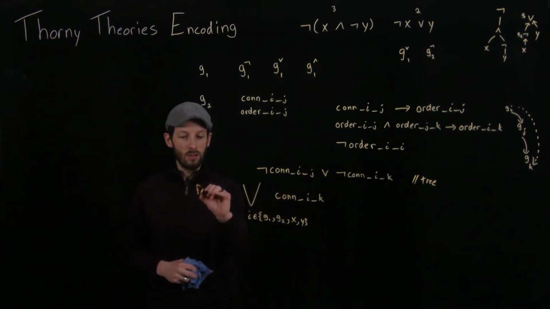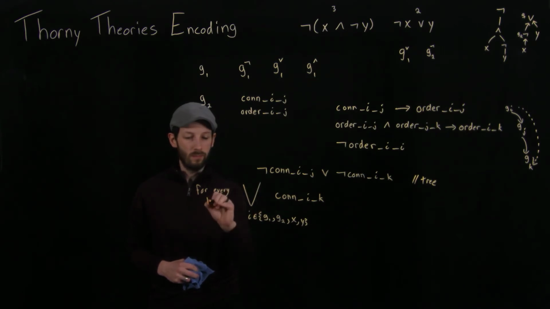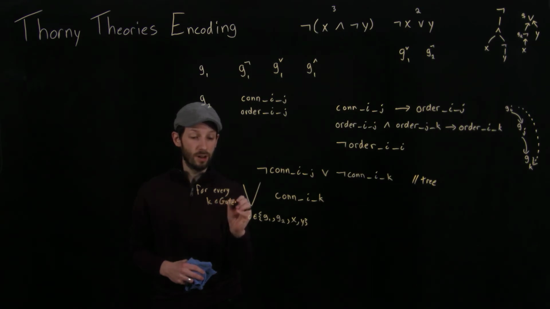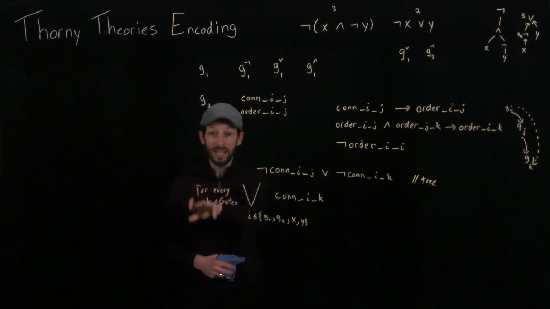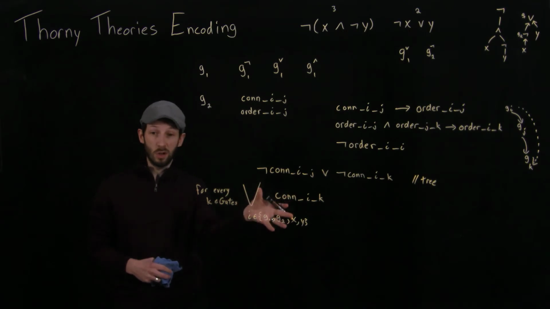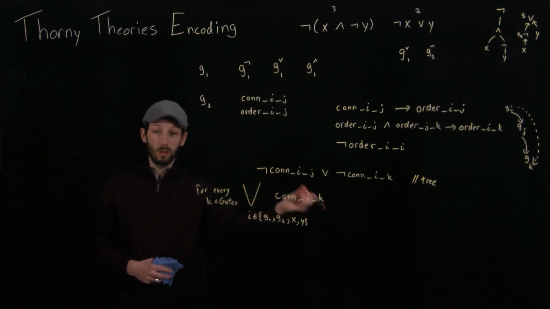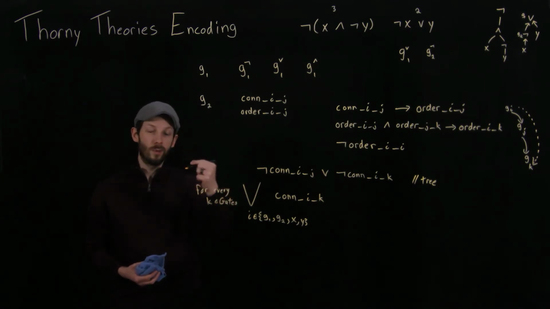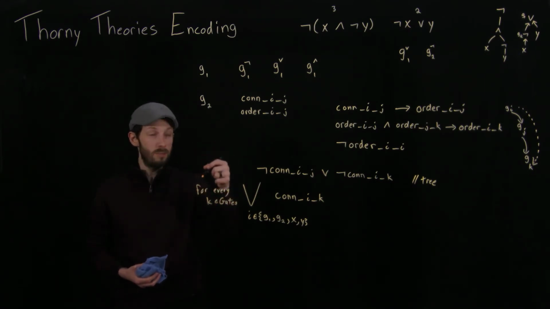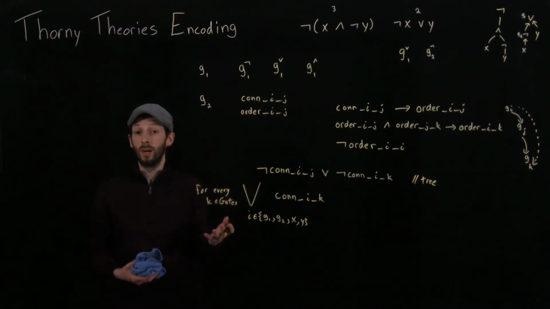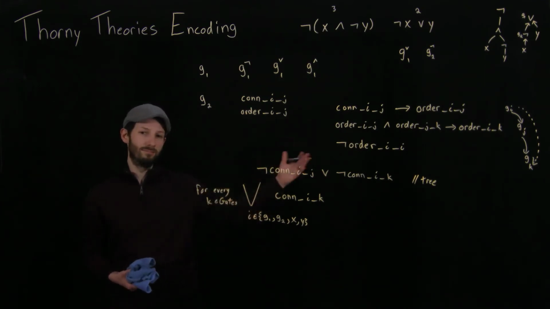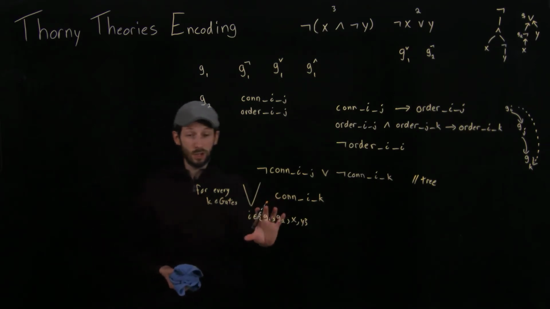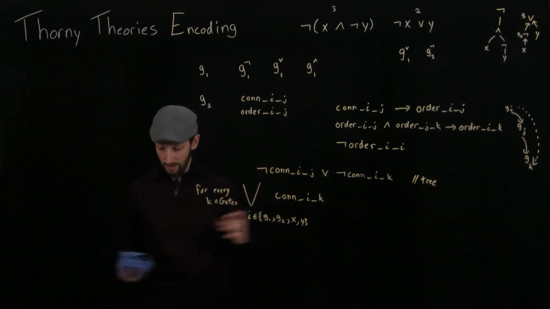We want to say for every k inside of our gates, here just G1 and G2. So for every k inside of our gates, we have a disjunction about all of the things that could be connected to it. So we want to say for every single gate, there's at least one input coming in, right? And if there's at least one input coming in, it means that every gate is being used in some way. We don't want any extra gates just sitting off on the side. And so this is a constraint that makes sure that we have an input for every single gate.